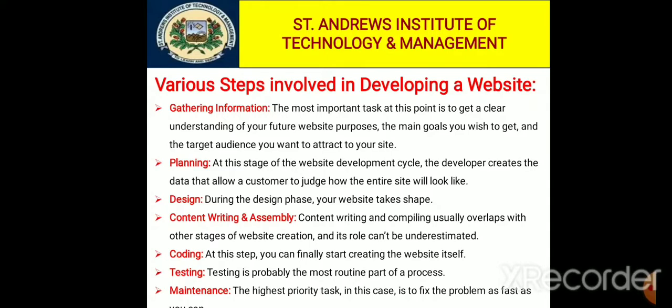The most important task at this point is to get a clear understanding of your future website's purpose, the main goals you wish to achieve, and the target audience you want to attract to your site. Such a website development questionnaire helps to develop the best strategy for further project management.